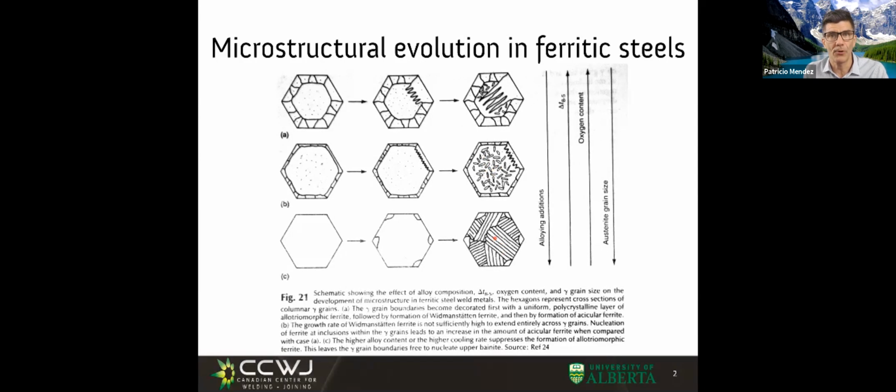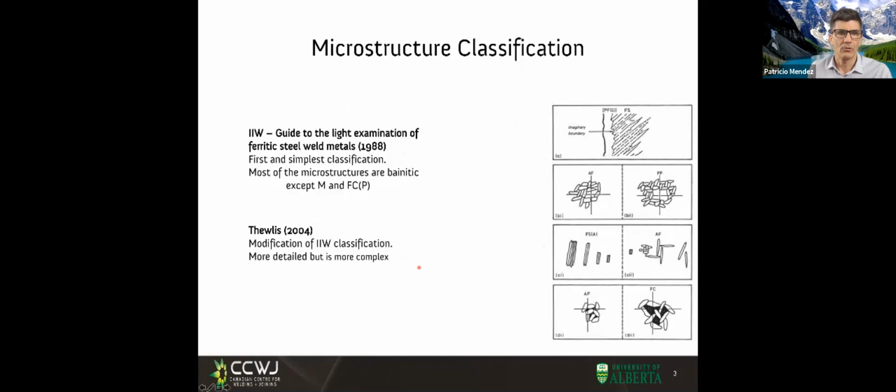But I didn't show you any photos. That's what we're going to do today. And in quiz 3, I'm going to ask you to recognize some of these microstructures. So the document we're going to be following is this IIW guide to the optical microscopy of the weld metal.